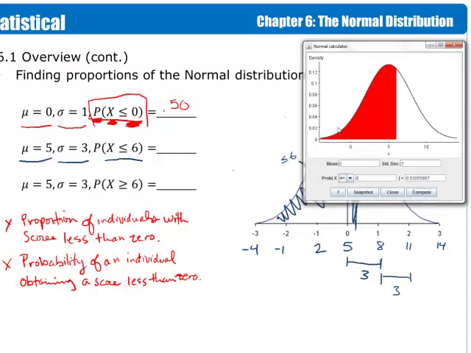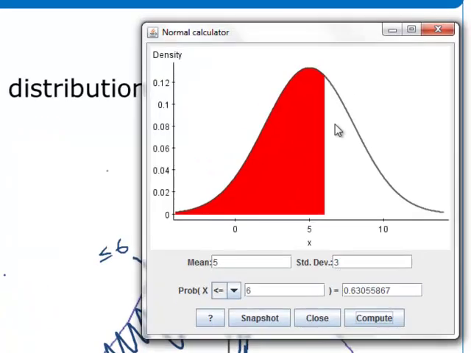It shades in the area that is less than 6. It shows us the setup that we have listed in our graph below, which has 5 in the middle and 2, -1, and -4, although it doesn't include all of those values here. But you can see that it set up the values appropriately as we would expect based on the mean and standard deviation that we provided. Then it shades in the area that is less than 6 so that we know we're getting the correct shaded in area.